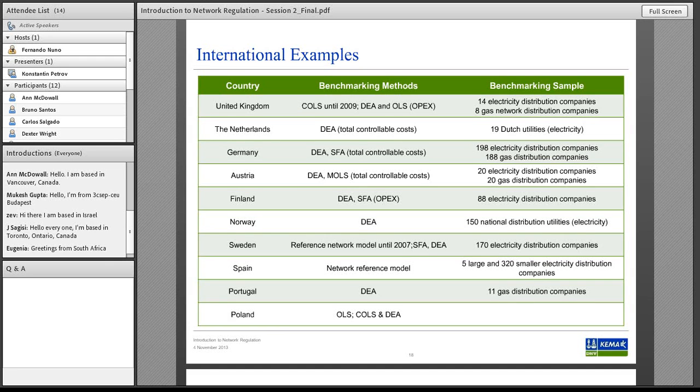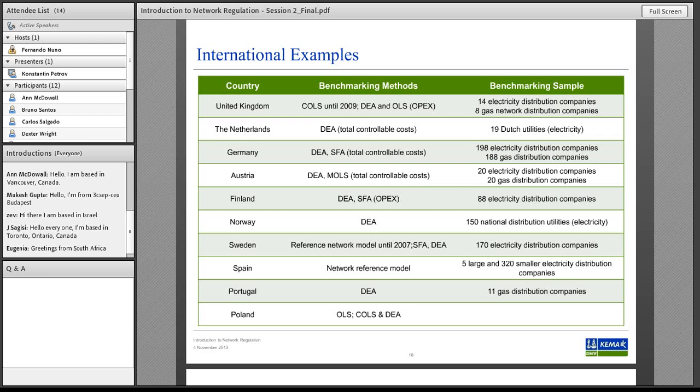And of course, all the associated difficulties have been tackled in different ways in the countries. Especially in Germany, we've seen all sorts of discussion in the introduction of incentive regulation and the decision to use this on the total cost. A lot of discussion on how to measure the capital cost for benchmarking and efficiency analysis purposes.